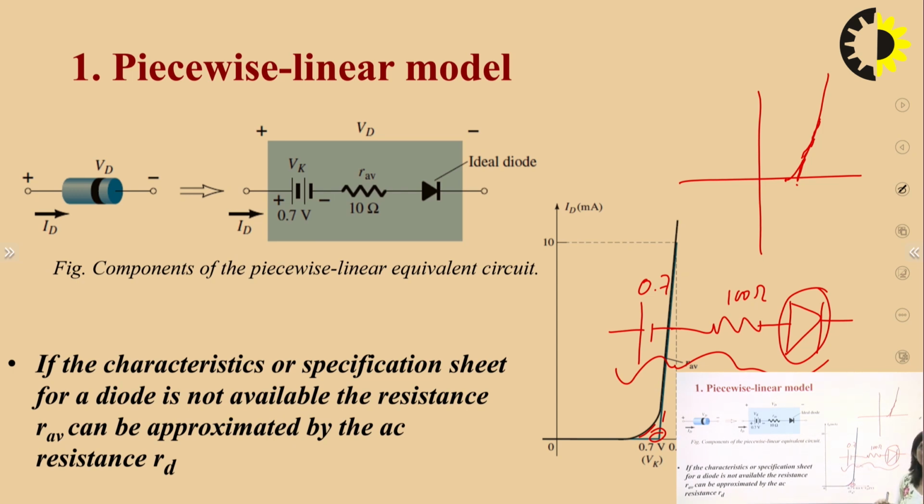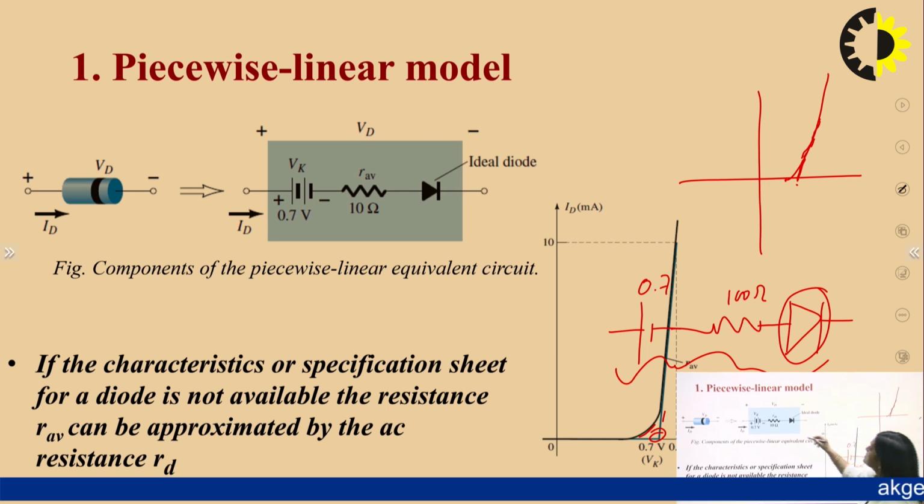If the resistance of the diode, 100 ohm, and the knee voltage cannot be ignored in the circuit, then we have to use this model of the diode.